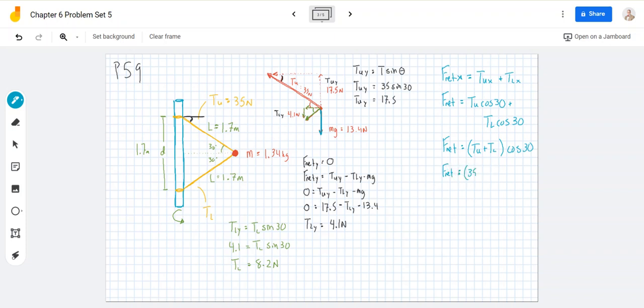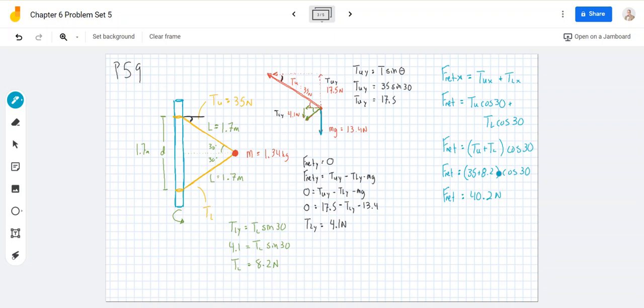T upper is 35, T lower is 8.2, and then this is cosine 30. Got my handy dandy calculator. So I got 40.2 newtons as the net unbalanced force.